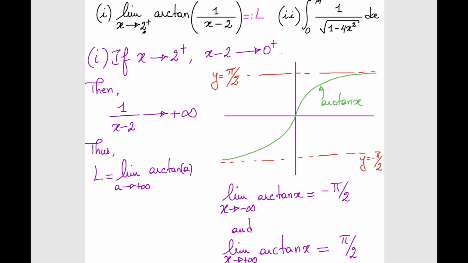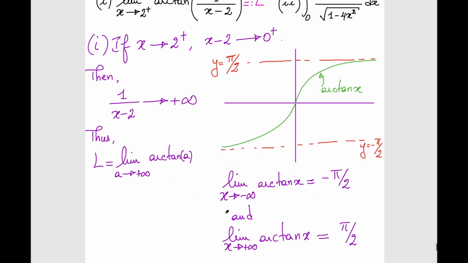Because if x goes to 2 from the right, at the end of the day this whole expression is going to plus infinity. I called this guy A. And what is that? Isn't it pi over 2?